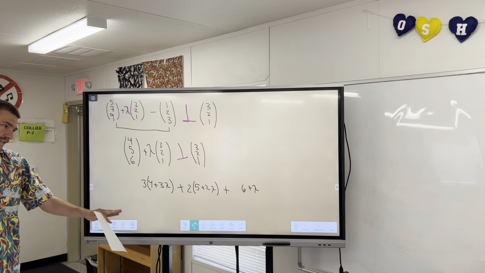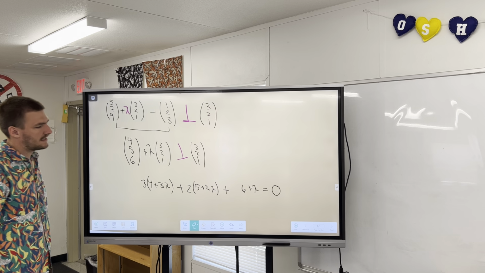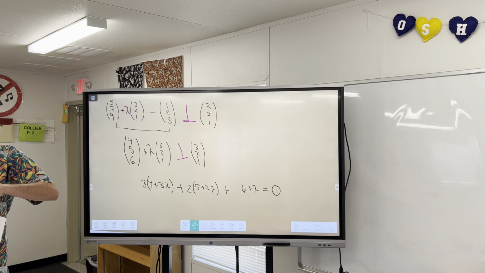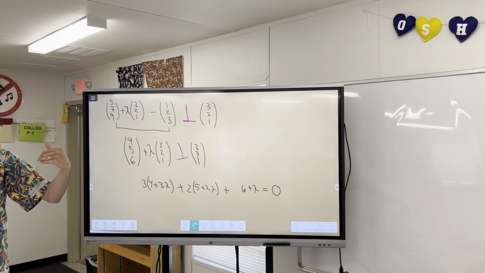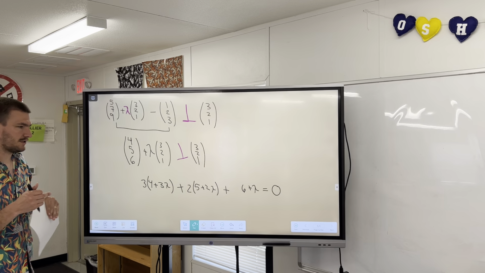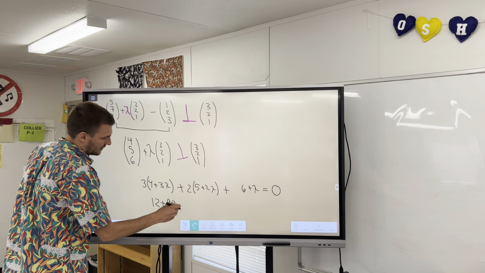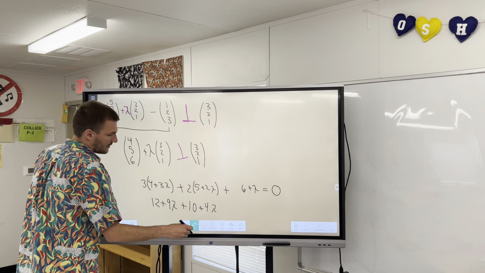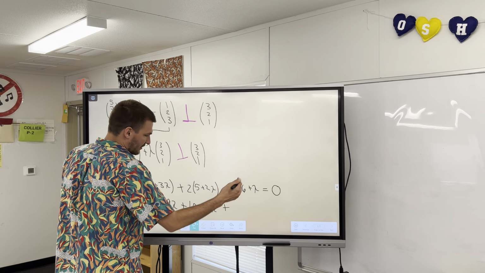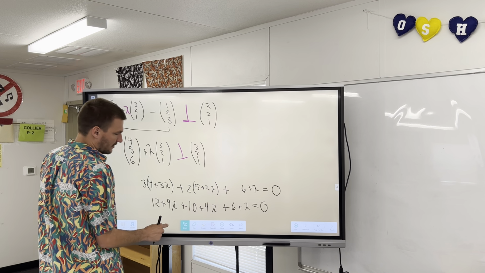All of this is equal to 0, and all of this has only one variable, lambda. Algebra 1 time: distribute, combine like terms, and finish the question. Distribute: 12 plus 9 lambda, 10 plus 4 lambda, and 6 plus lambda is equal to 0.